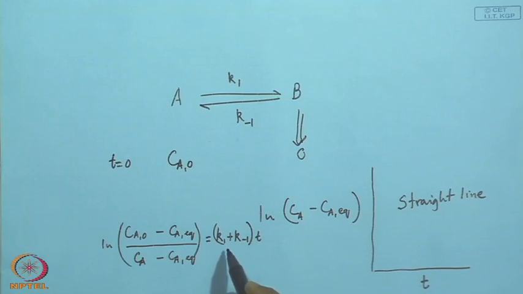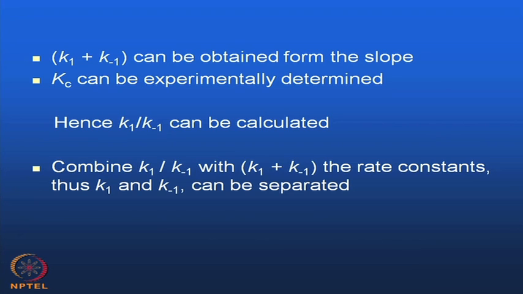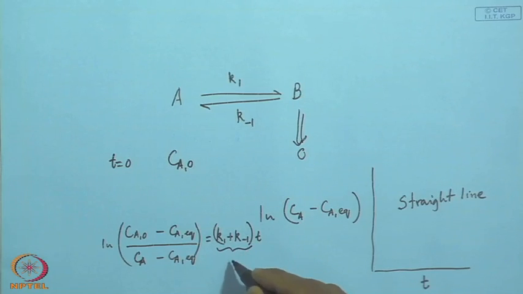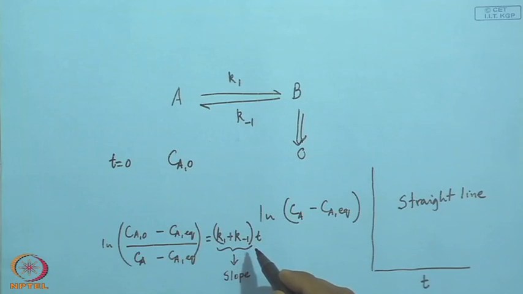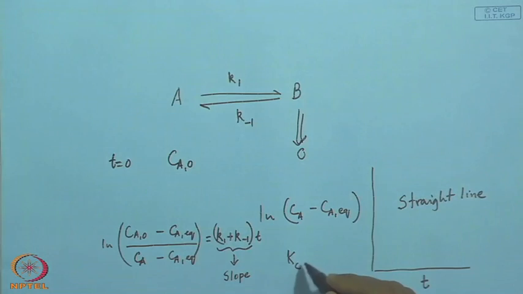Okay. So, this is your slope. From this plot you will be getting K1 plus K minus 1, and your equilibrium constant Kc can be determined experimentally.